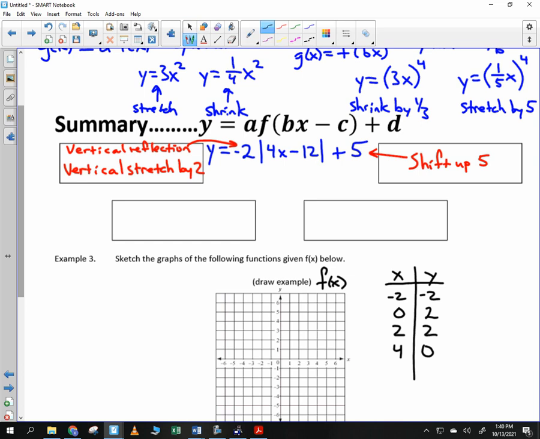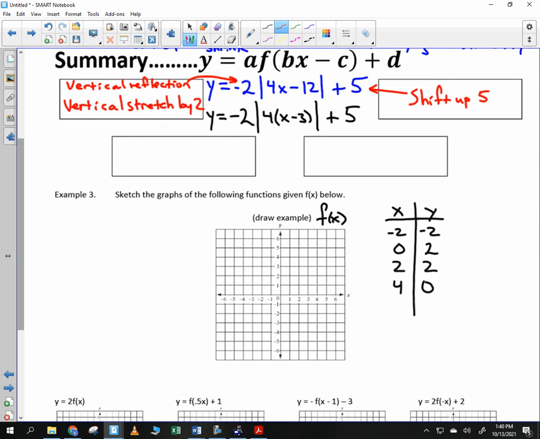And what I notice on the inside is I have that 4 times the x, but I like to factor the 4 off. It's going to help me understand better what's going on. Maybe you saw an example like this yesterday. We'll do it 4 times x minus 3. And when we factor the 4 off, it's going to be easy for us to determine what happens there. That is going to happen at x minus 3.